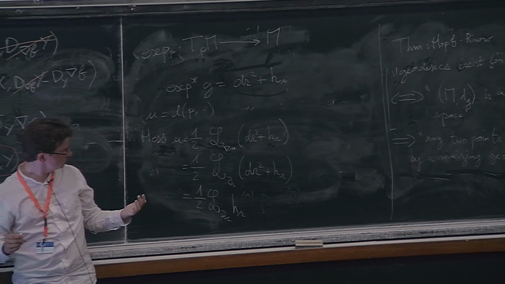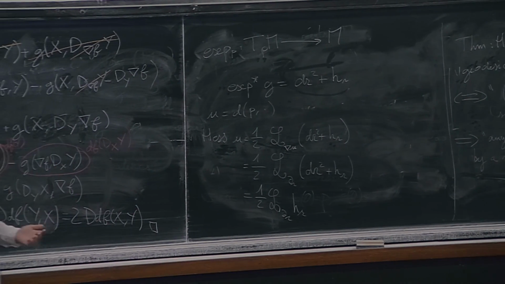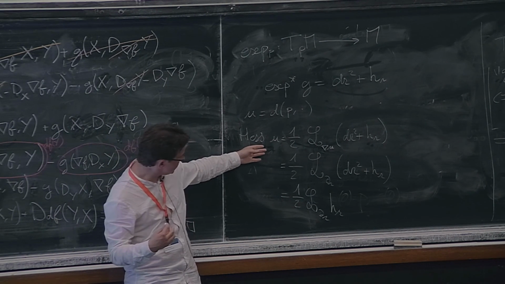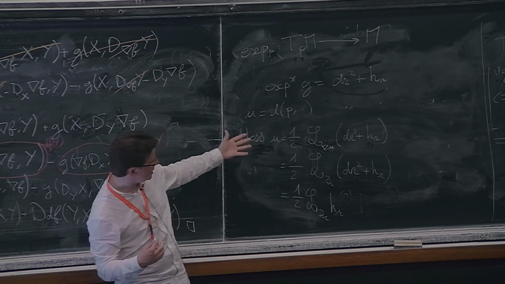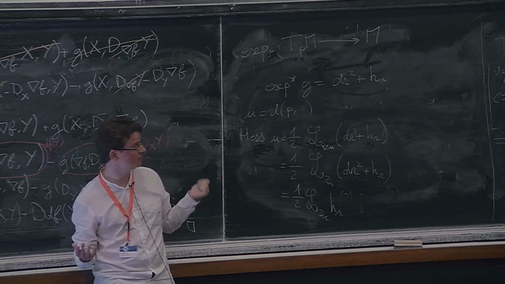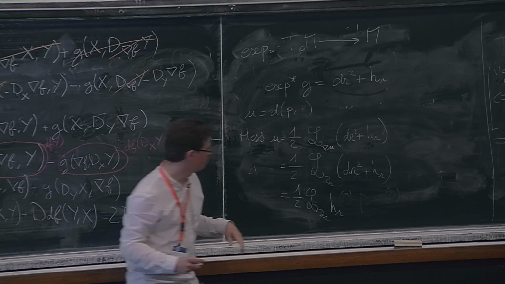And actually, with this kind of stuff, we will see that when we have a function whose Hessian has a special property, is actually some function times the metric, then we get a lot of rigidity.